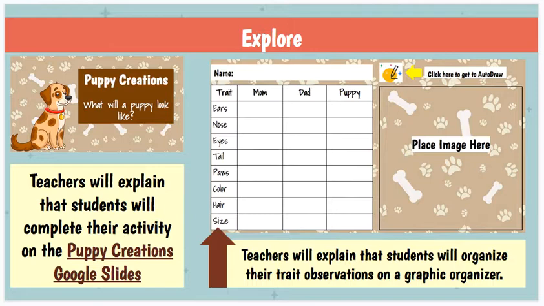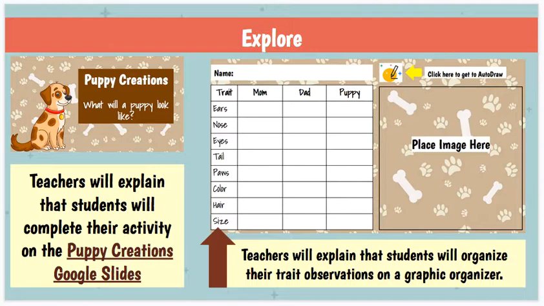So basically, the teacher would say something like, okay, boys and girls, so you've seen what the mom dog looks like and what the possible dad dog looks like. And what we're going to do is first, you're going to fill out in the graphic organizer all of the mom's traits. So, what the ears look like, what the nose looks like, the eyes, the tail, the paws, the color, the hair, and the size.